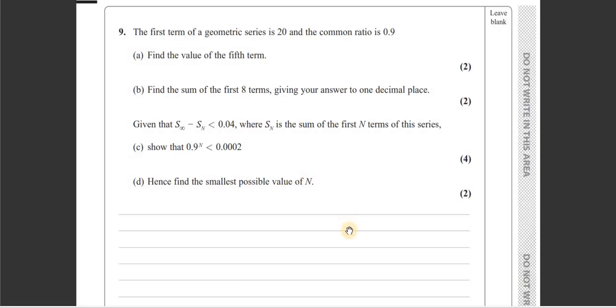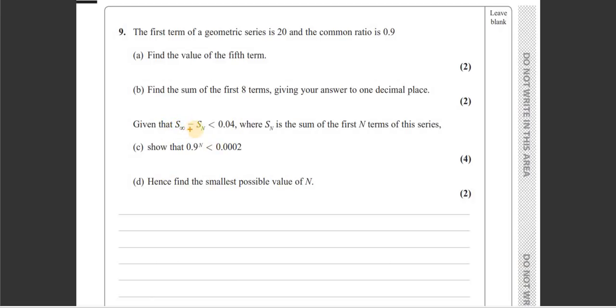Okay, given that S infinity minus Sn is less than 0.04, where Sn is the sum of the first n terms of the series, show that 0.9 to the power n is less than 0.0002. So you need to derive, or you need to show this inequality using these given conditions.